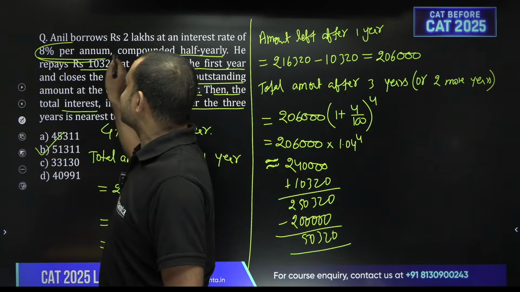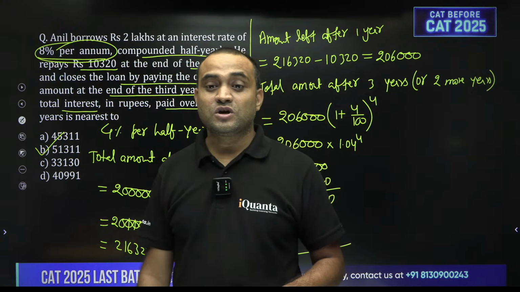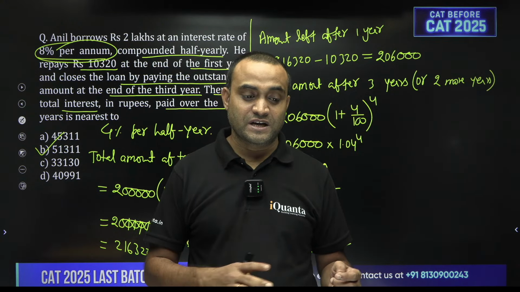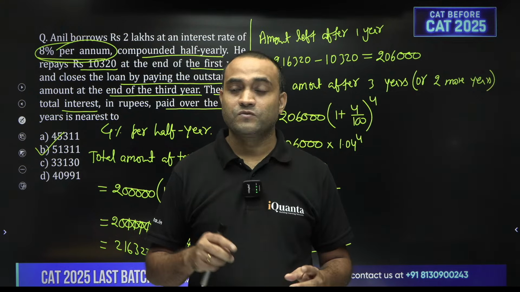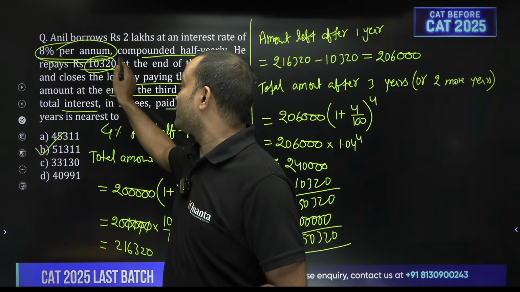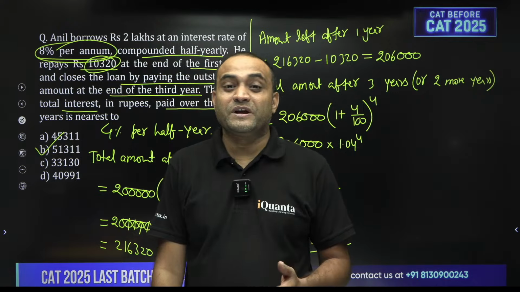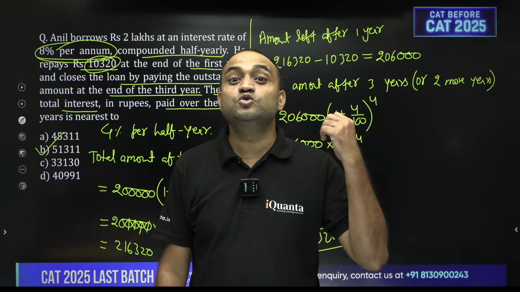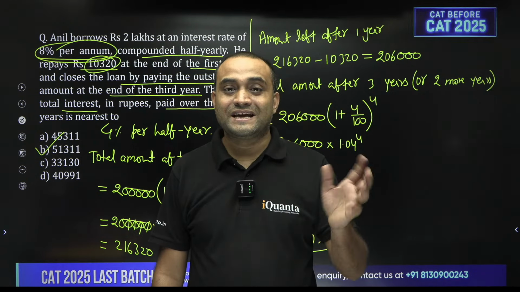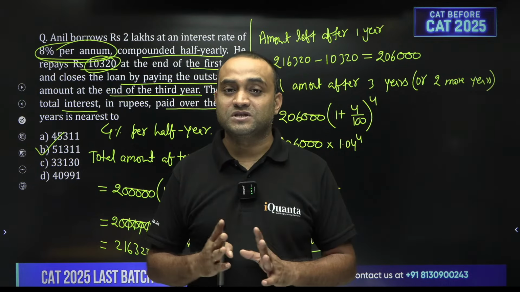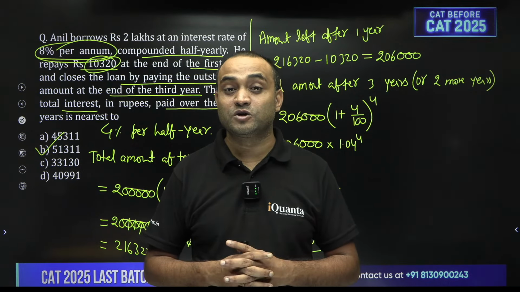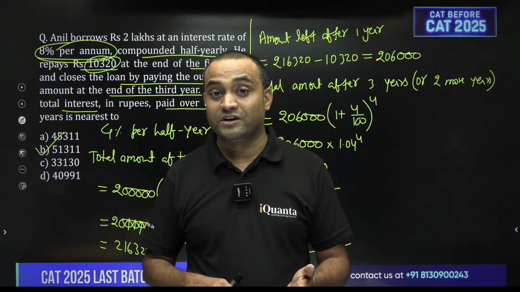Rate of interest is 8% per annum. So even if we don't consider that it's being compounded half yearly, or something is being paid at the end of 1 year. At the end of 1 year, what is being paid? 10,000. Loan is 2 lakhs. So 10,000 is negligible with respect to 2 lakhs, right? So 8%, 8%, 8%, 24% will be total with respect to simple interest.